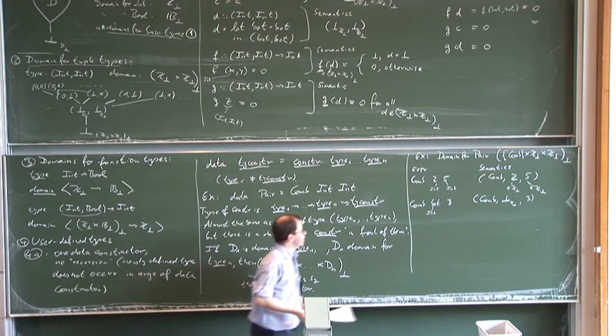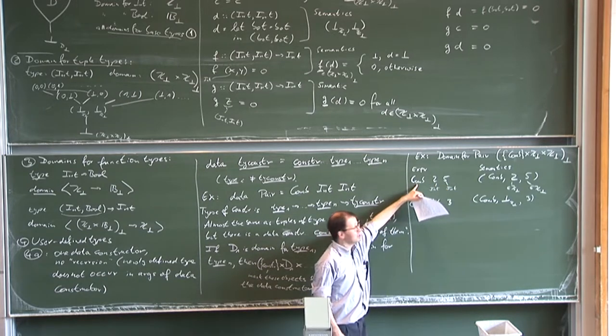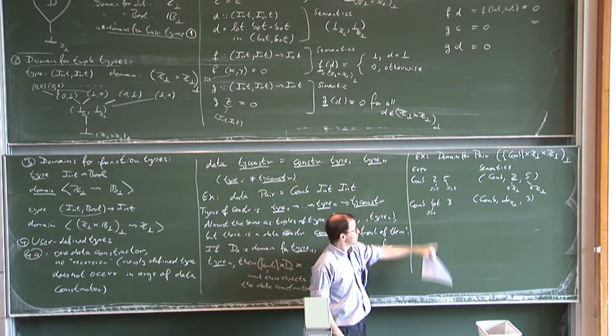So we simply build the semantics of all these arguments and then add the name of the constructor in front.